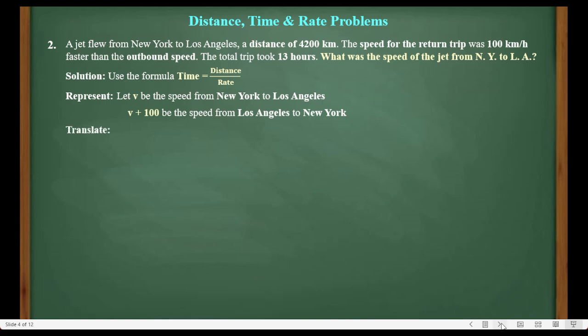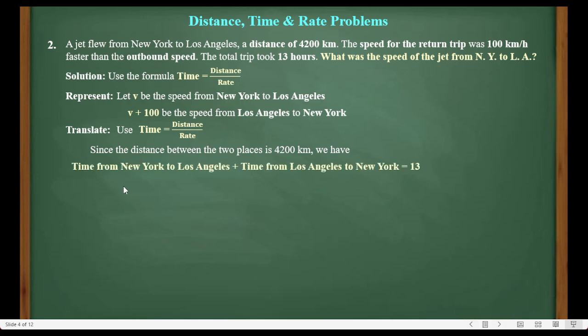Now, we go to the next part, which is translating the conditions to mathematical equations. Now, we use the formula in physics, time is equal to distance over rate. Since the distance between the two places is 4,200 kilometers, we have the time from New York to Los Angeles plus the time from Los Angeles to New York has a total of 13 hours.